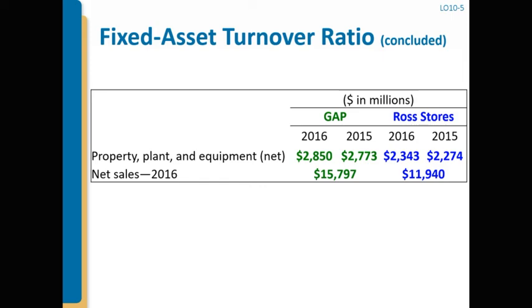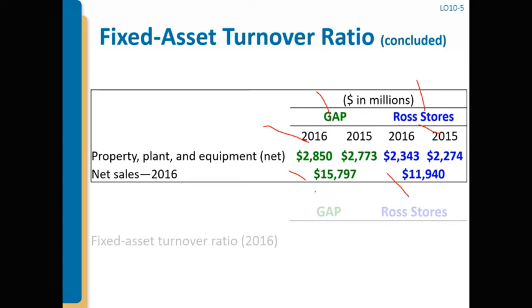See that this is one company, Gap, and this is a company, Ross Stores. So the property, plant and equipment is given for 2015 and 2016, okay, and the net sales is given for 2016. Okay, so let's calculate the fixed asset turnover ratio.